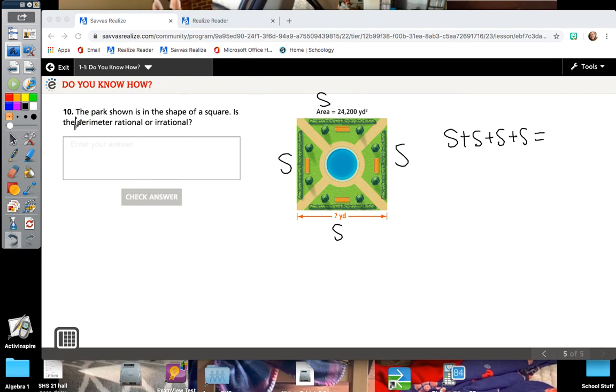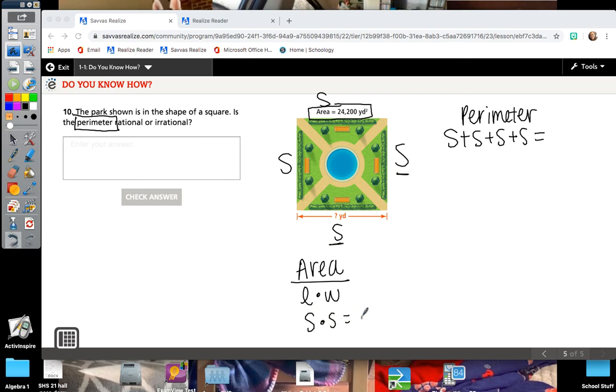Sorry, it's asking for perimeter. Okay, it's asking for perimeter, but this is your area. For perimeter, you add everything up. But for area, we multiply length times width. So this is your length, this is your width. So side times side gives us side squared.